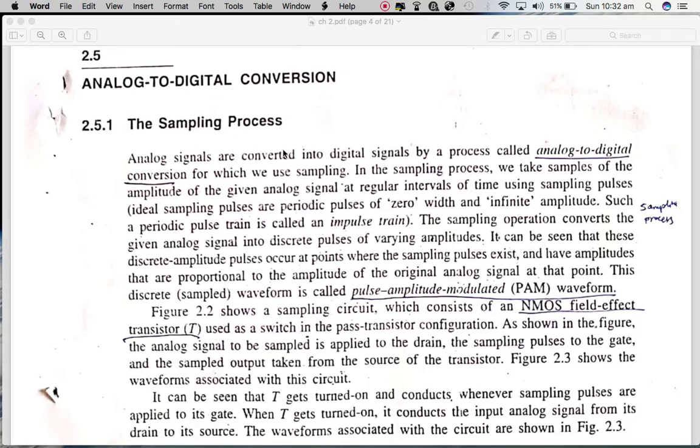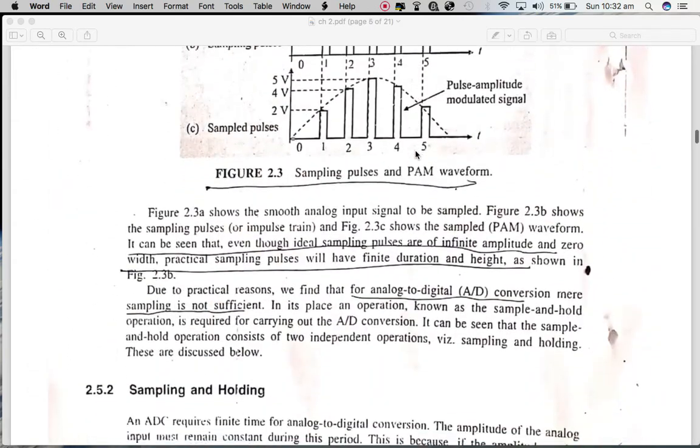One is the sampling process, which we will be discussing in this topic, and the other is the sampling and holding process, which we will also be discussing here.